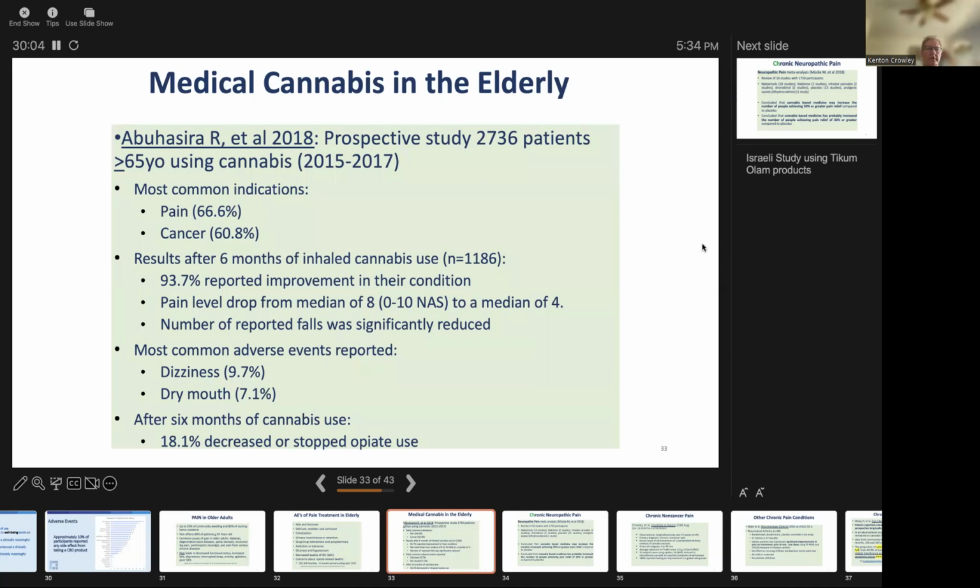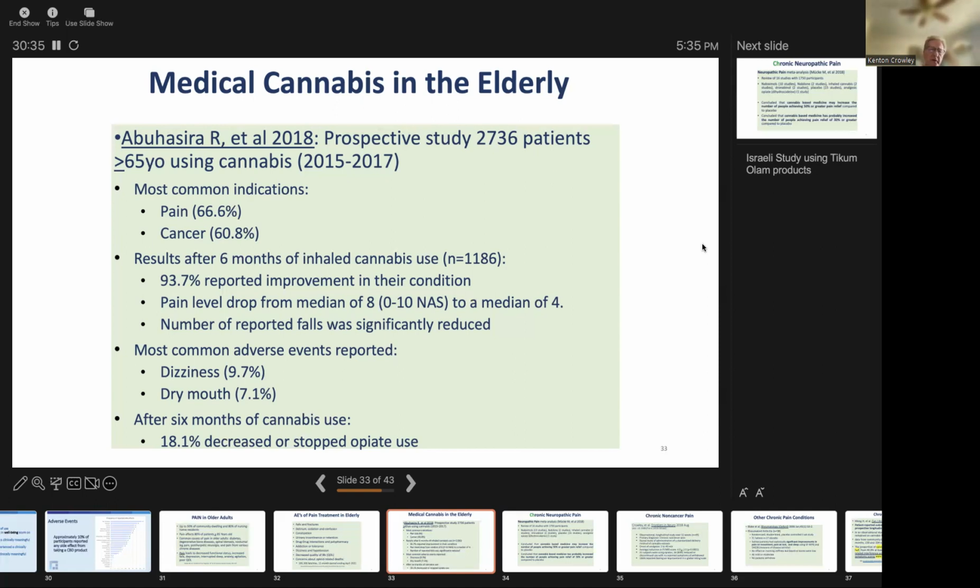They utilize bud or inhalation routes of administration very commonly in Israel. In this prospective study of 2,736 patients aged 65 or greater using cannabis between this period of time, the indications were pain and cancer.